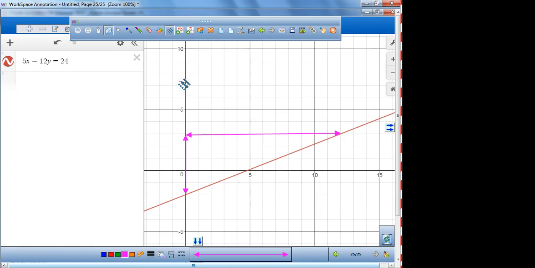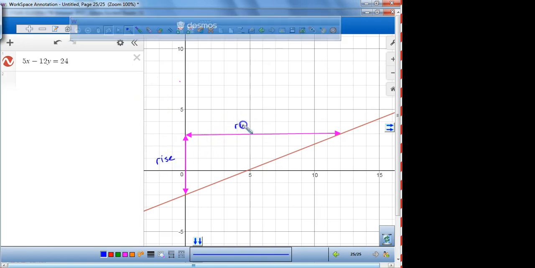What do we call this section in the graph right here? We call this section the rise. We call this section the run. So the rise is 5 because it goes up. And the run is equal to 12 before it hits this point right here. So where did it start? It started there.